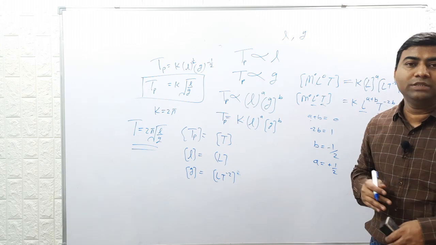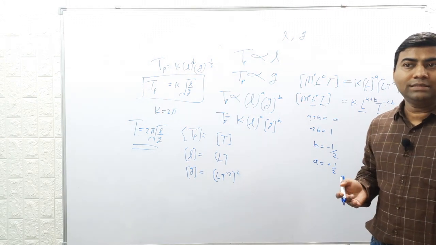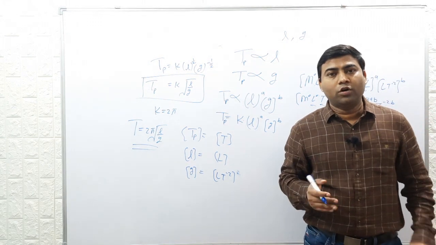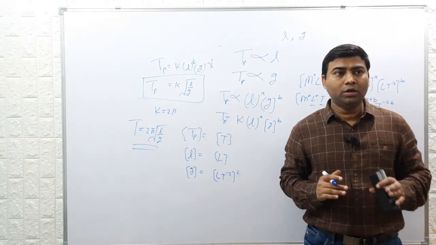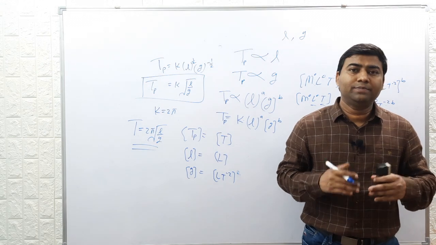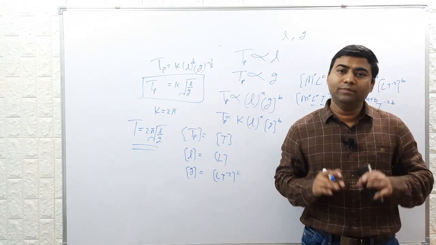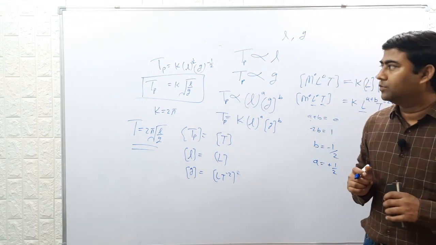Here we use the principle of homogeneity, that is, the dimensions of the terms which are being equated will be the same, or the dimensions of the terms which are being added or subtracted will be the same. That is the principle of homogeneity.